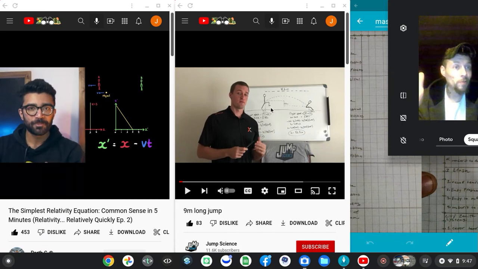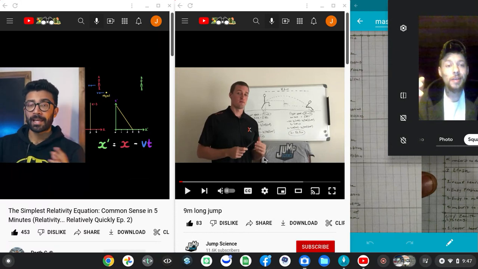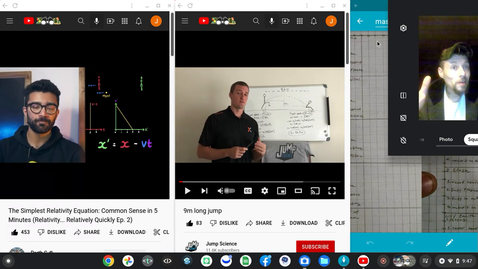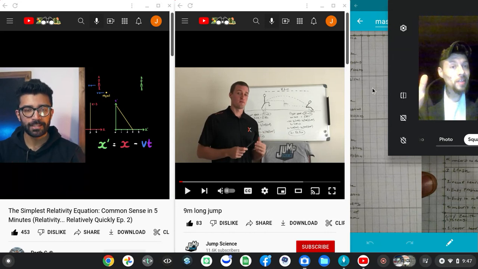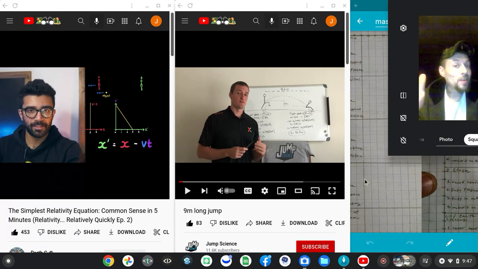And even from the perspective of the primed reference frame, we can see that because the unprimed reference frame and the object are moving away from us at the same speed, anybody in the unprimed reference frame will measure a constant position for the object. In other words, even from this perspective, we can see that another observer in the unprimed reference frame would think that the object is not moving, it's stationary.